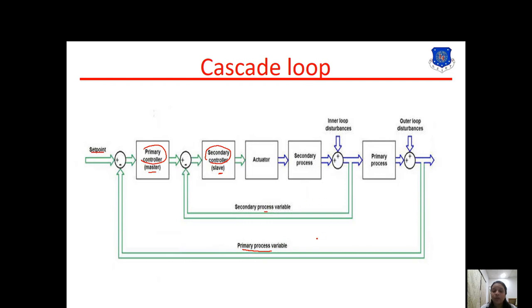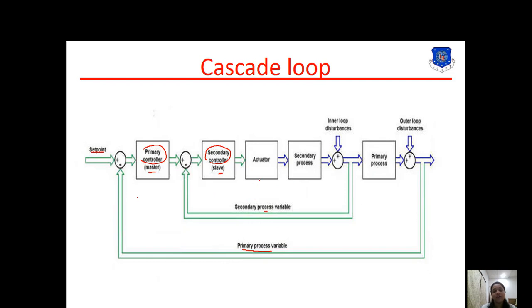So this is the outer loop of the cascade loop, and whatever output is taken, it is the final control element of the cascade loop. The main advantages of the cascade loop: first, we use multiple control loops in the same system, and next, the inner loop is faster than the outer loop.